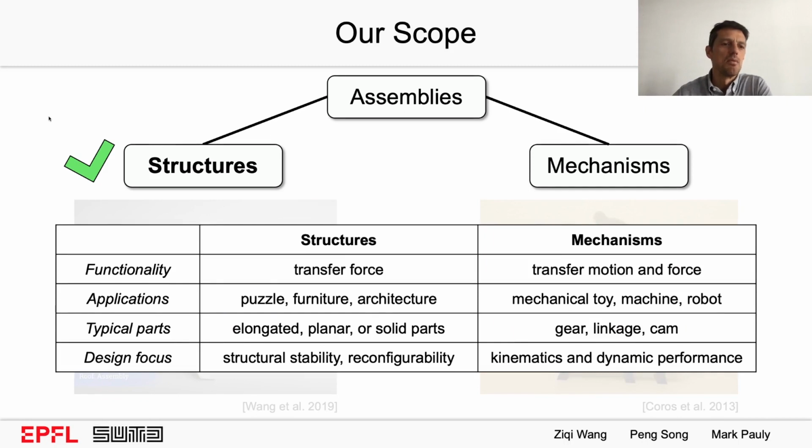More specifically, if you want to distinguish between the two, in our focus on structures, we're looking at the interaction of the pieces in terms of force transfer, but not motion transfer. Typical applications, as I mentioned earlier, are furniture pieces, architecture, puzzles, and so on. This distinction also has implications on the typical shape and function of parts, and changes the focus of design as well.